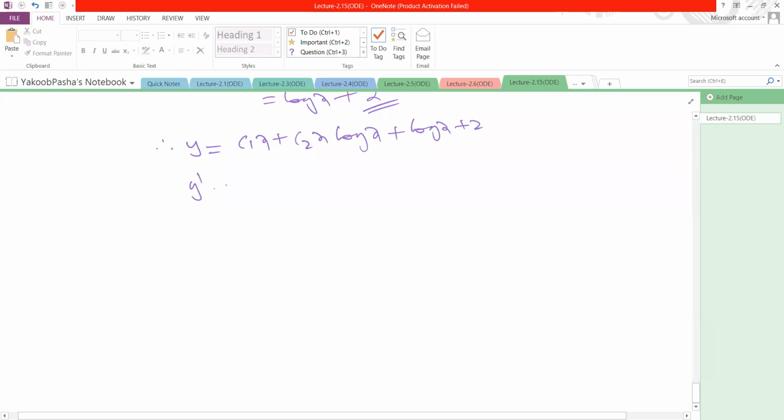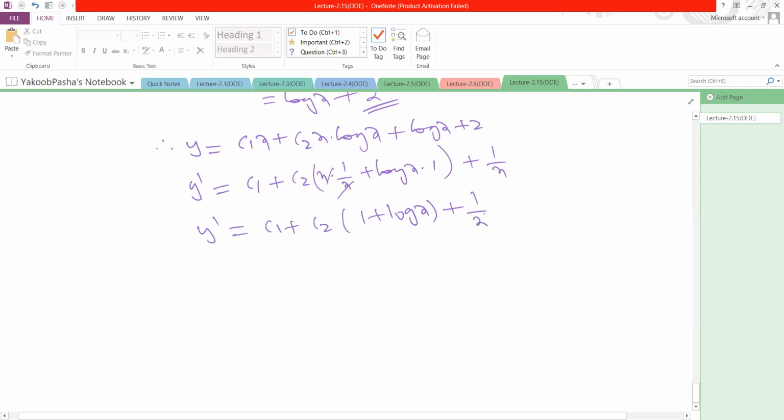So differentiate this, y dash is equal to c1 plus c2 into, by UV method, x into 1 by x plus log x into 1, plus 1 by x, the differentiation of the constant 0. So y dash is equal to c1 plus c2 of (1 plus log x) plus 1 by x. This is equation 1 and this is equation 2.